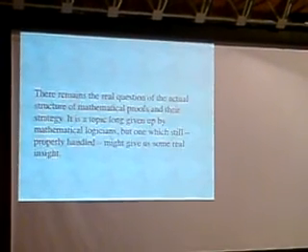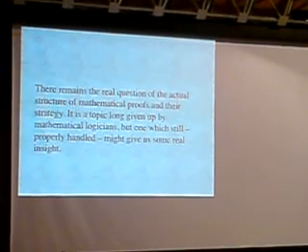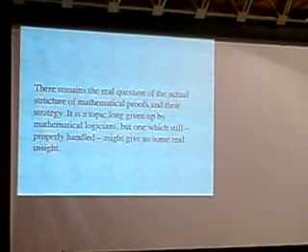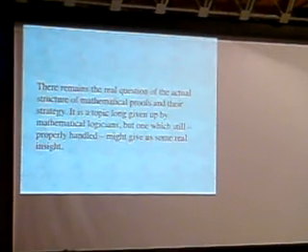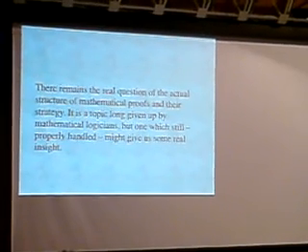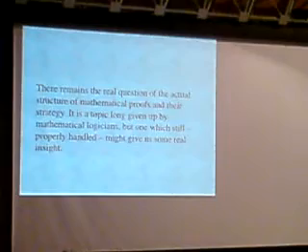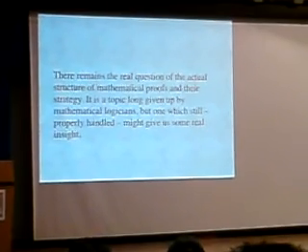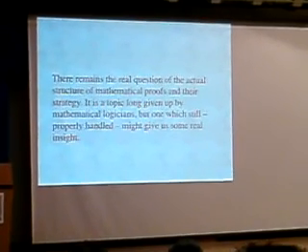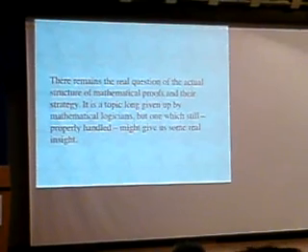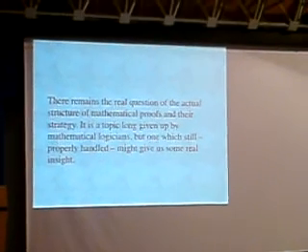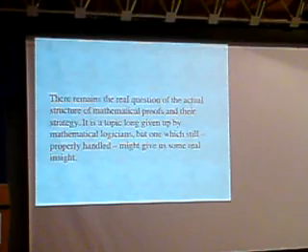Second, there remains the real question of the actual structure of mathematical proofs and their strategy. It's a topic long given up by mathematical logicians, but one which still, properly handled, might give us some real insight. That's what I'm hoping for from proof-based investigations.